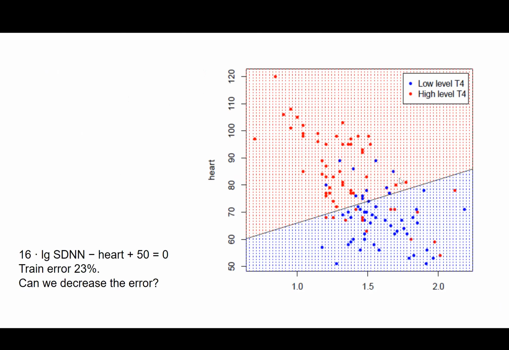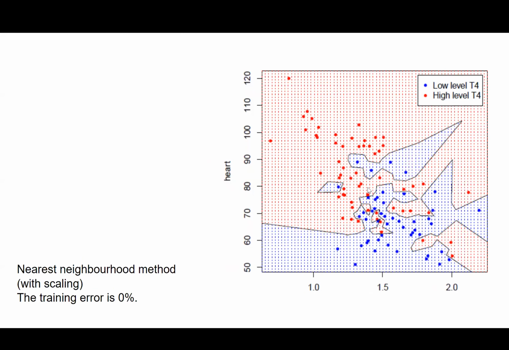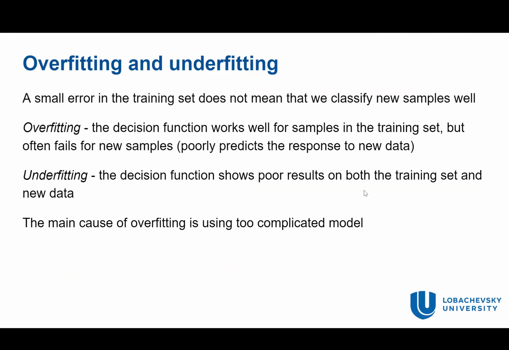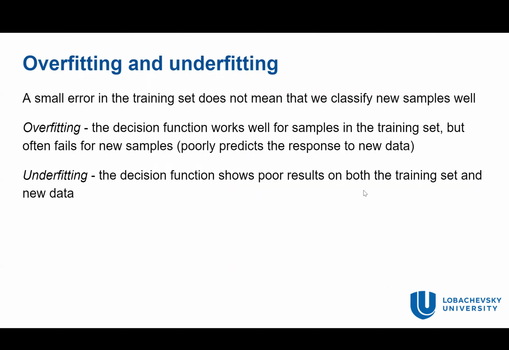It's clear that this decision function will show poor results on both the training set and new data. So the error will be about 1/2, 50%.